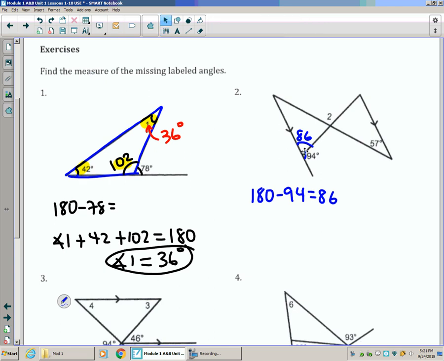Now we can go ahead and make some Z shapes to help us determine what this angle is equal to. So let's look for the first Z shape. As you may notice, you can do Z shapes in two different ways. I started off with this one because I could see that 86 is right here. It really doesn't matter which way you start, you're still going to find the same answer as I am about to do.